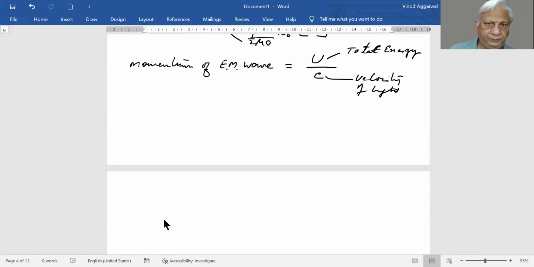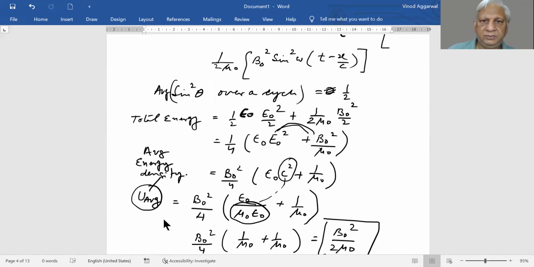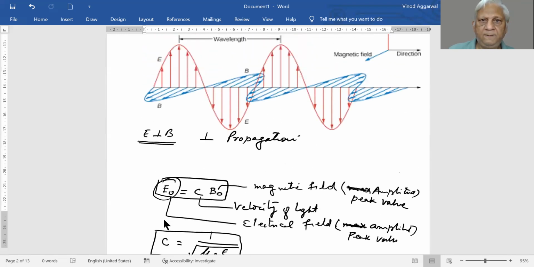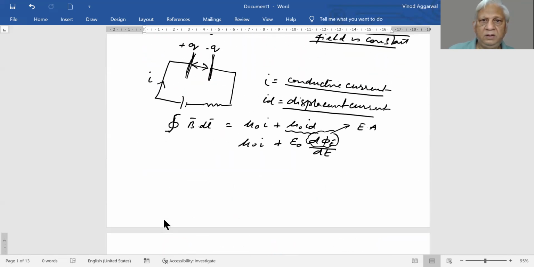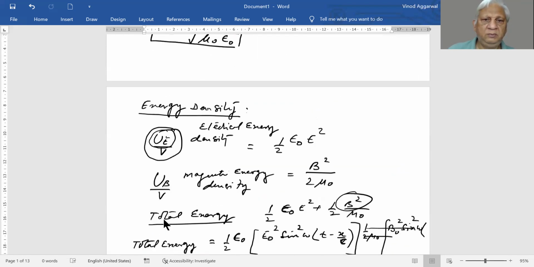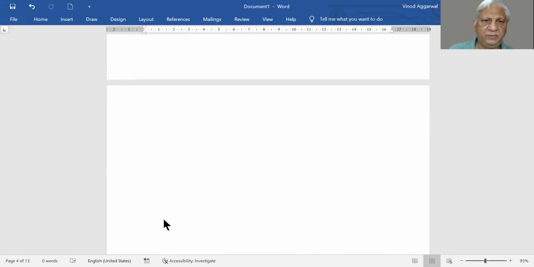Now, looking at this displacement current, this phenomenon was discovered by Maxwell. So Maxwell wrote another set of equations.